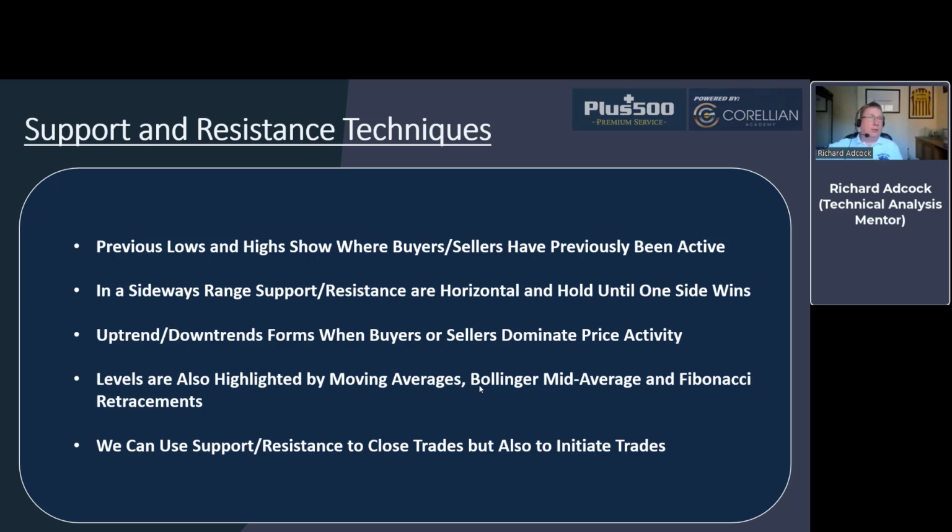So we initiate a trade, and if we're short of the market we have a support point to close against, or we look for the market to rally back and use that as a selling opportunity to initiate short positions within a downtrend. But obviously we need to be aware of the directional bias of the market.